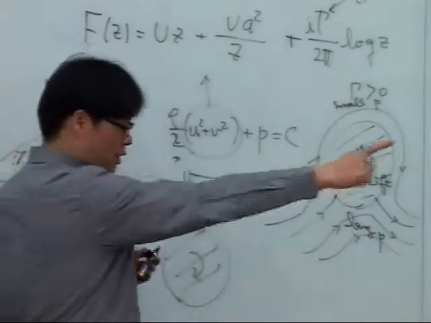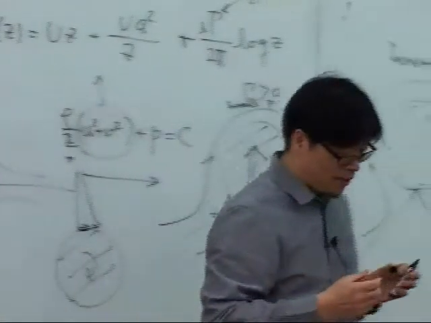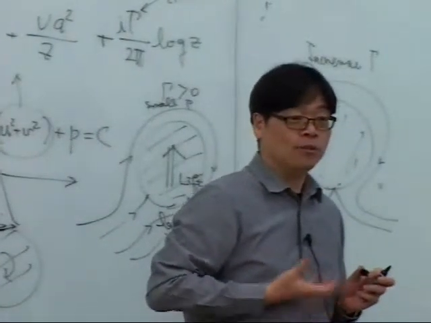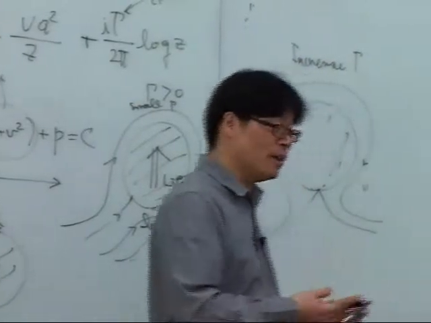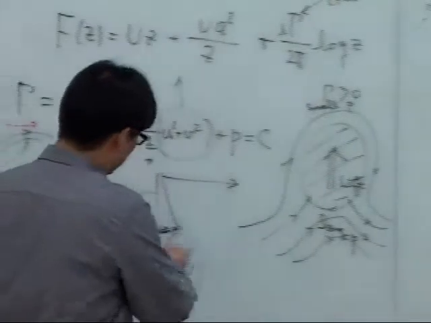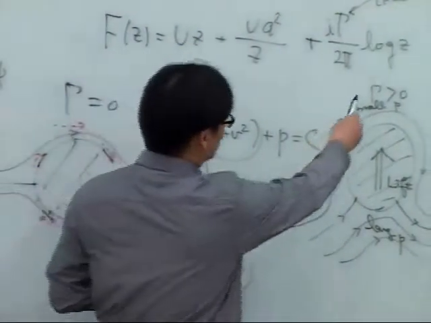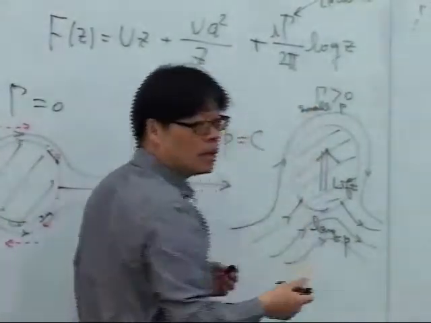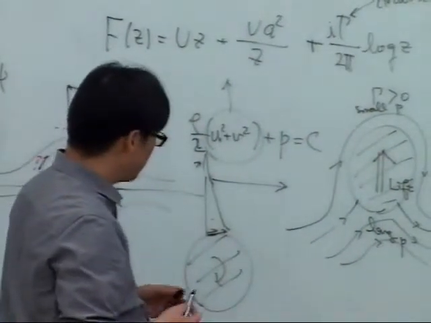So imagine the circular cylinder is moving, and if you're next to the circular cylinder, then you feel the rotation of the circular cylinder. But if you're far away from it, you wouldn't feel anything, so it has to decay to zero. So it's like 1 over r. As r goes to infinity, velocity goes to zero.